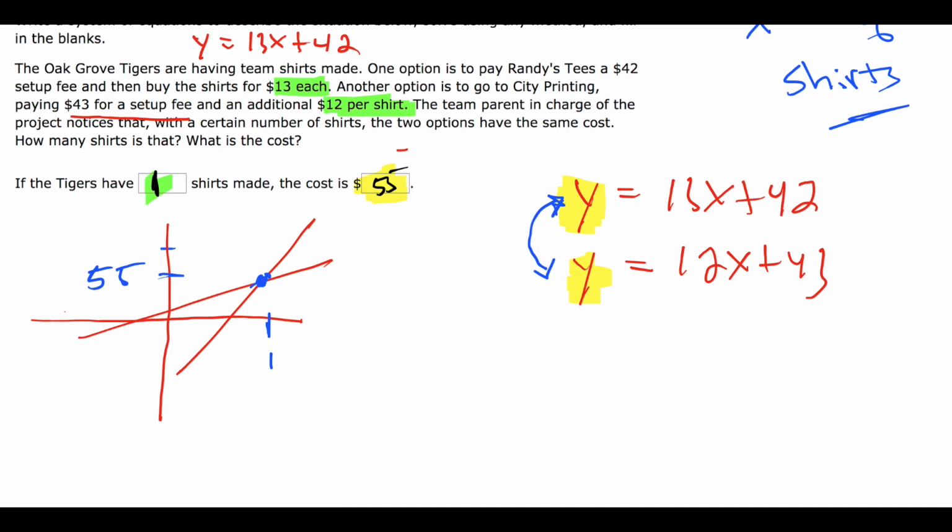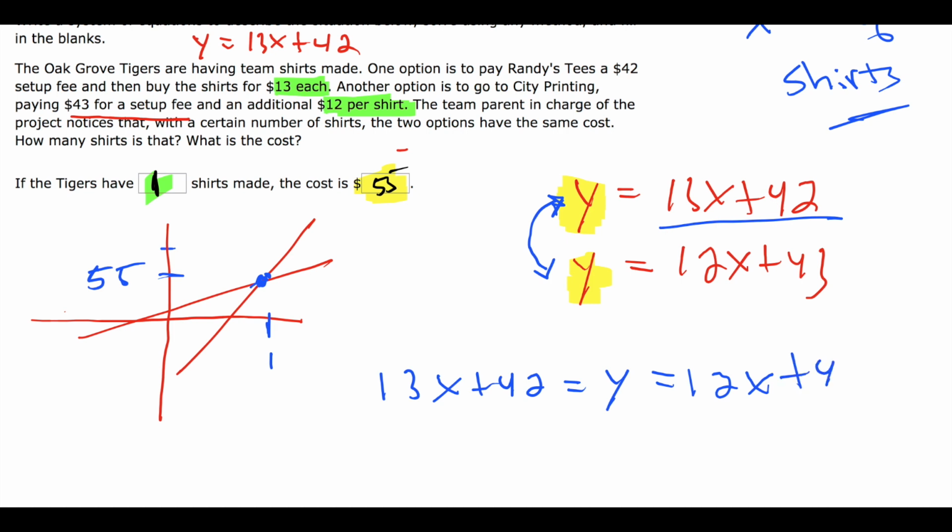So I'll write this problem backwards a little bit: 13x plus 42 equals y. And I also know that y is equal to 12x plus 43. So really, you just set them equal to each other.